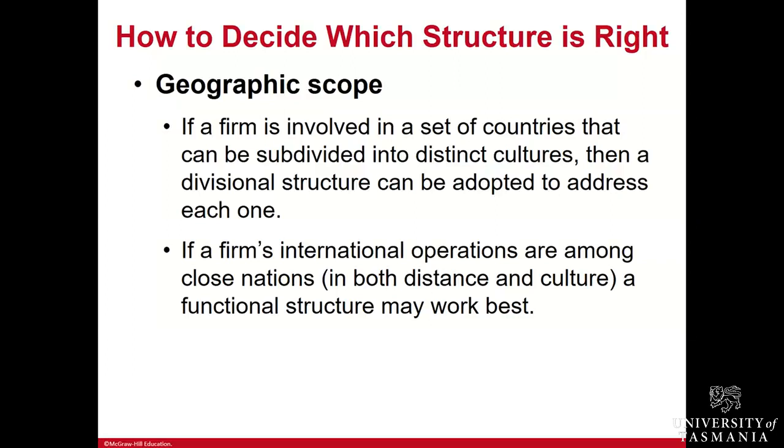If the size of the company is not that large, don't think about applying strategic business unit, because strategic business unit structure is highly costly. That's why I'm saying here functional structure can work best for an international company which is not so far away from two countries and they are both sharing similar cultures. Then it's easy to apply this functional structure model.